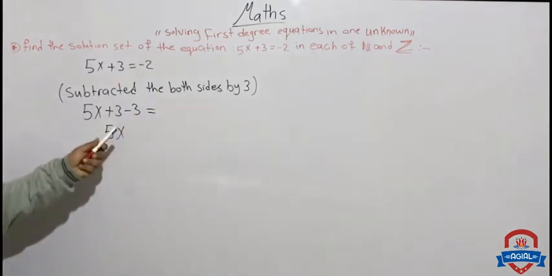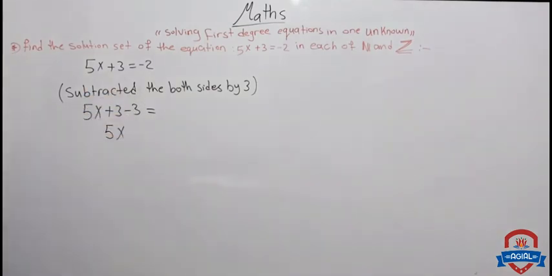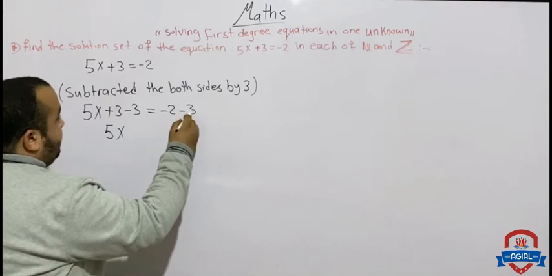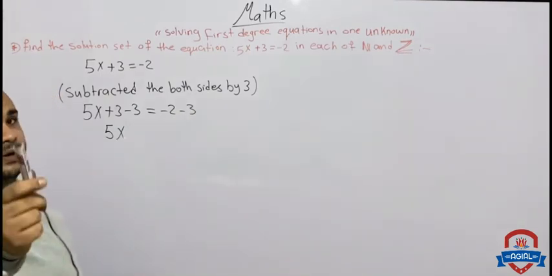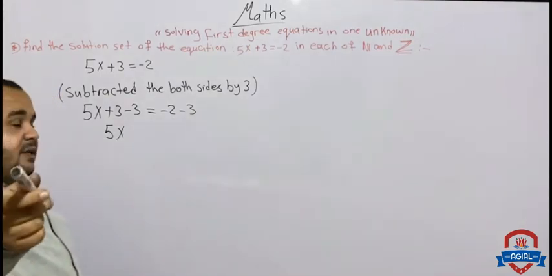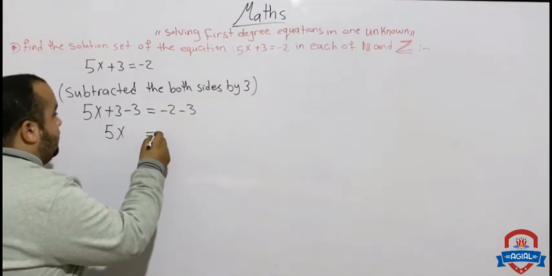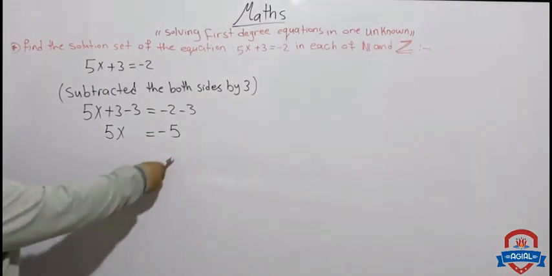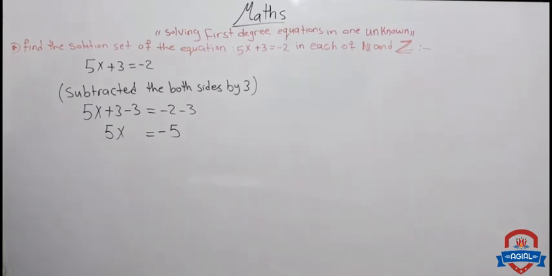The right hand side equals negative 2 minus 3. And negative 2 minus 3 equals negative 5. So we need to divide both sides by 5.